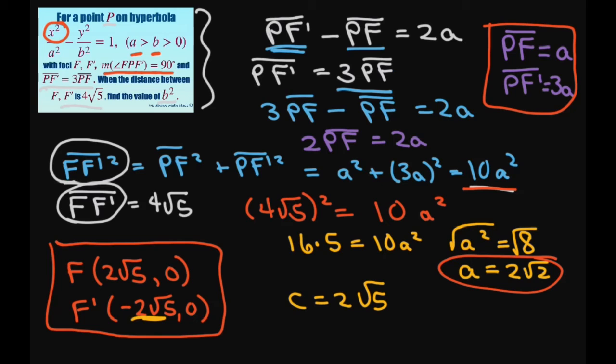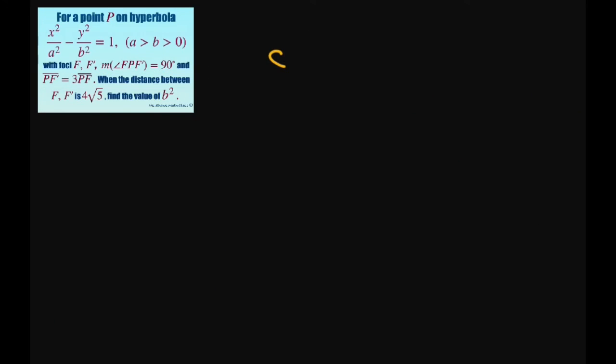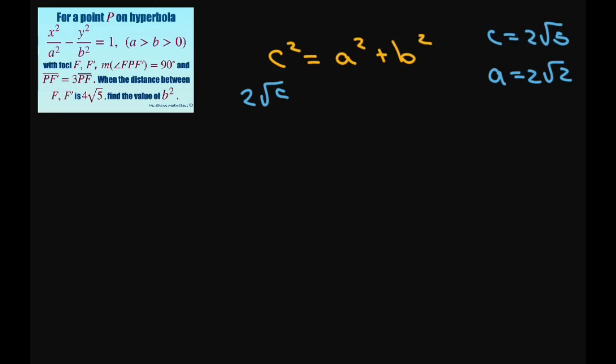Now, if I use the fact that C squared equals A squared plus B squared, then I know my C, which was 2 square root of 5, and my A, which was 2 square root of 2, we're going to have 2 square root of 5 squared equals, when you square this, you're going to get 8, 8 plus B squared.